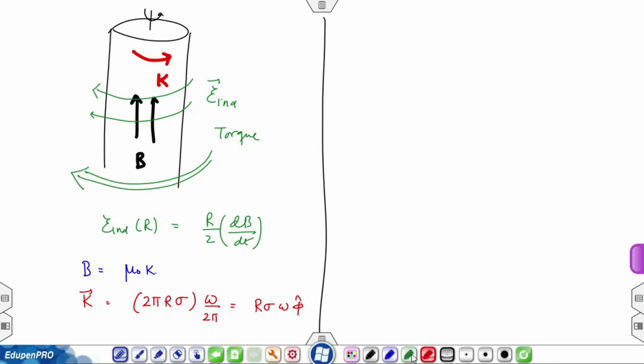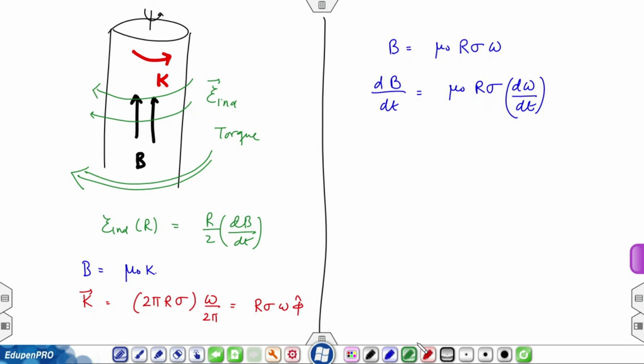And therefore, B is mu 0 r sigma omega in magnitude. dB/dt, therefore, is mu 0 r sigma, which are constants, times d omega/dt.